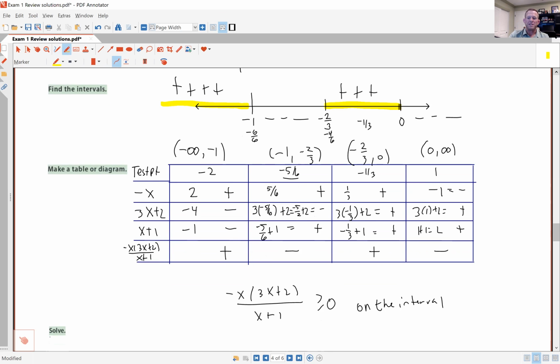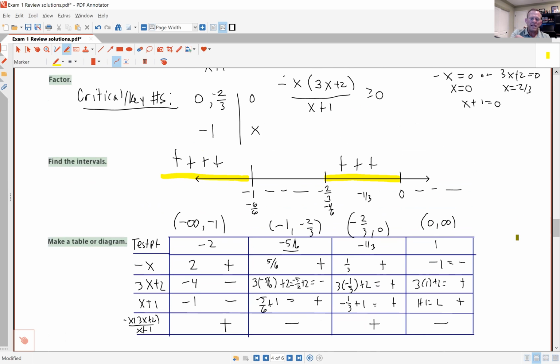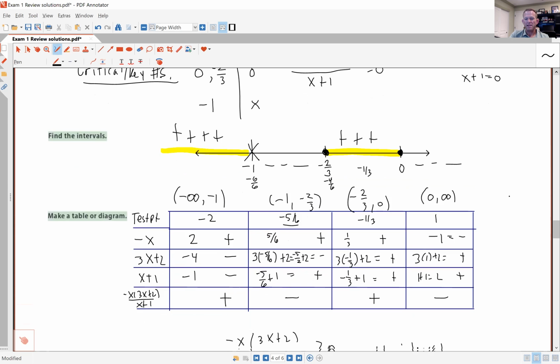But where does it equal 0? Remember, it only equals 0 at 0 and negative 2/3. It does not equal 0 at negative 1, because if you plug that in, you're going to get the 0 in the denominator, which is undefined.